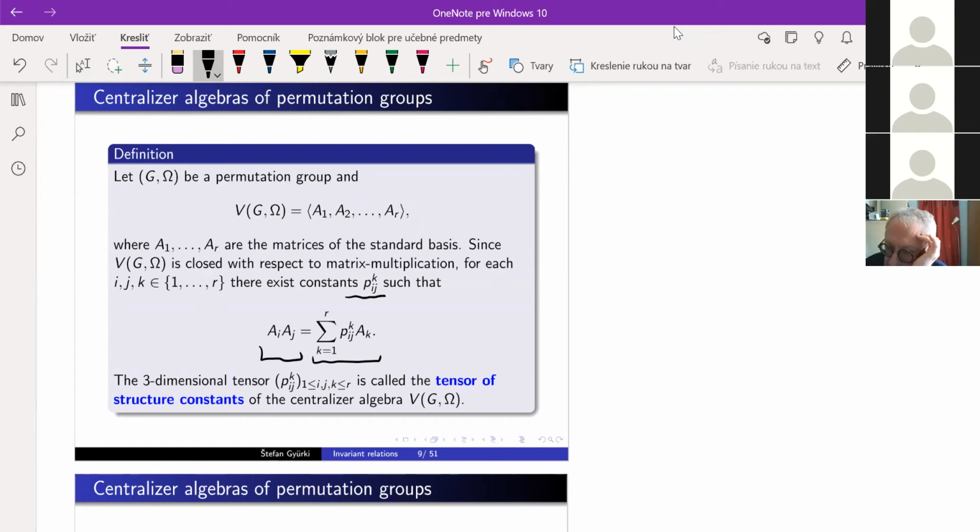It's important to warn everybody that this k has to be read as a superscript, not a power.